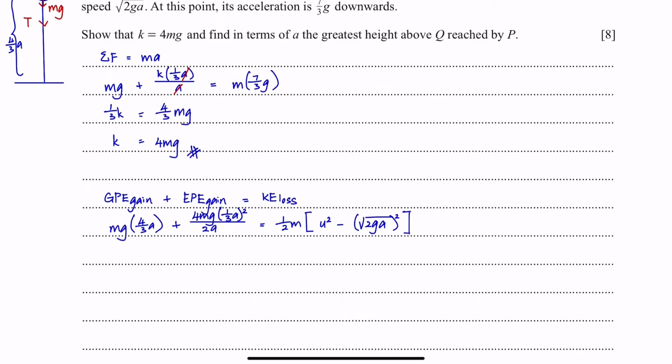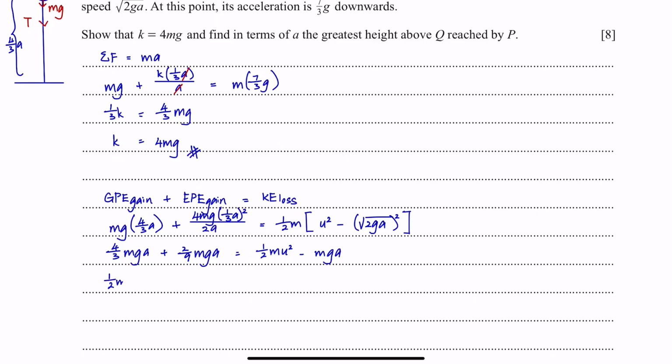So simplify everything. We have 4 over 3 mga plus 2 over 9 mga equal to half mu squared minus mga.